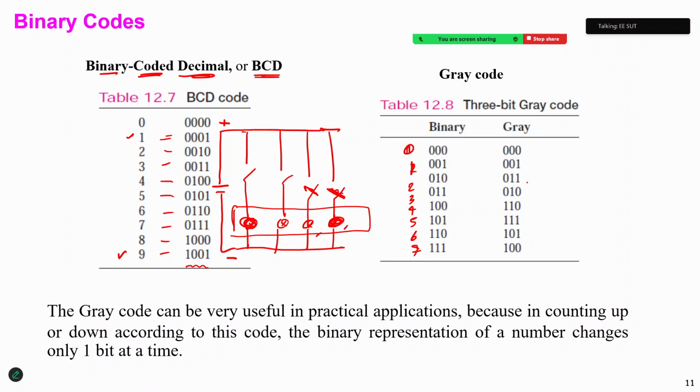With the gray code, the binary changes in only one position each time. Here we change 0 to 1, then we change 0 to 1 here, then 1 to 0 here, then 0 to 1 here, then 0 to 1 here, then 1 to 0, and then 1 to 0 here. So it changes only one position, which can be used for counting, right? Count up and count down.